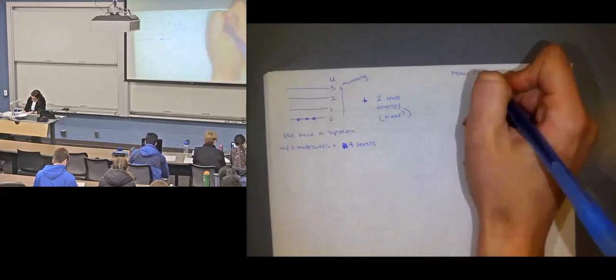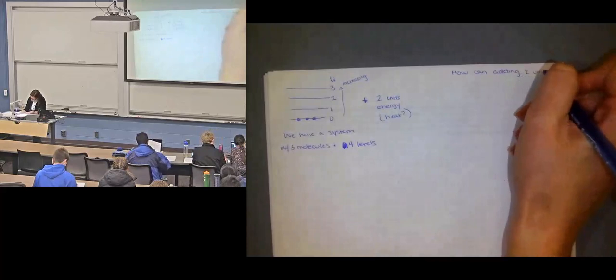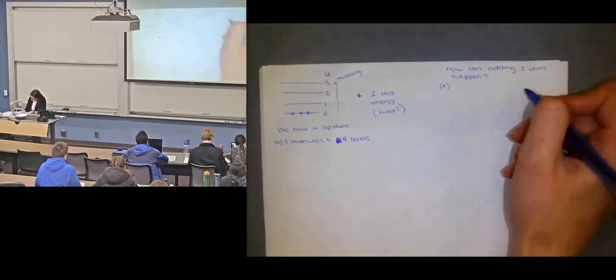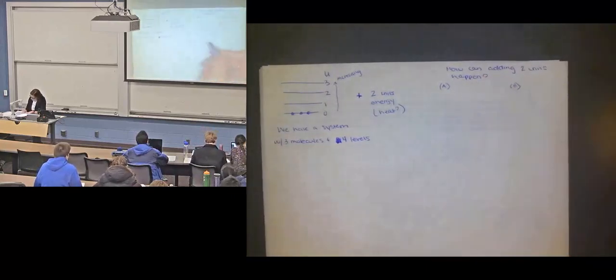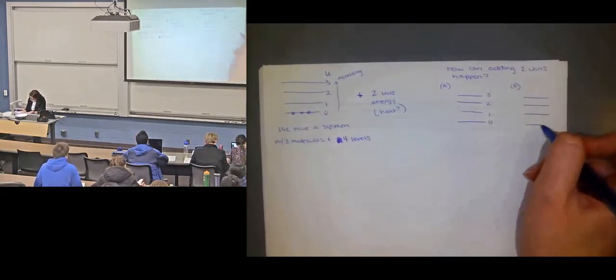How can adding the 2 units of energy happen? There's 2 ways. What does this look like? Someone can shout it out.